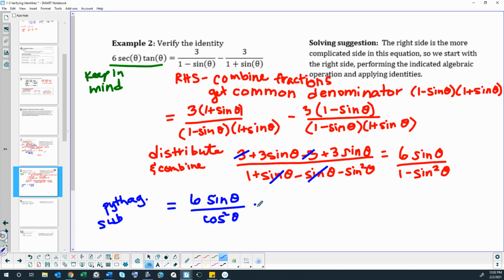Cosine squared, doesn't that mean 2 of them multiplying together? So technically, couldn't cosine squared be rewritten as cosine times cosine? Do you see what's going to happen? Anybody want to tell me about it? We still have a 6.